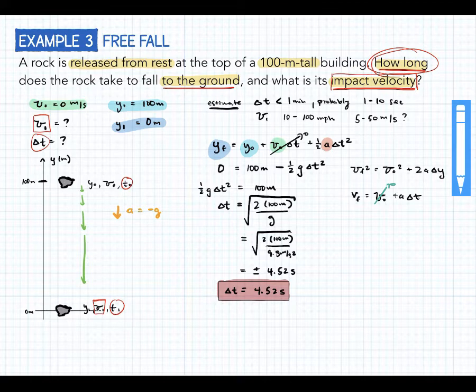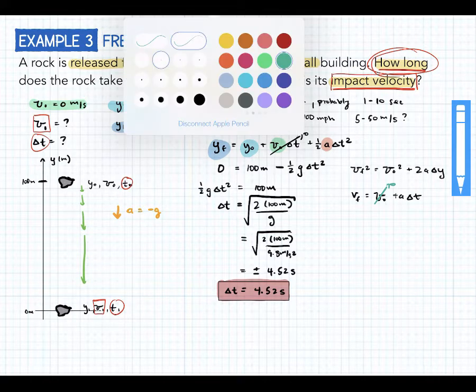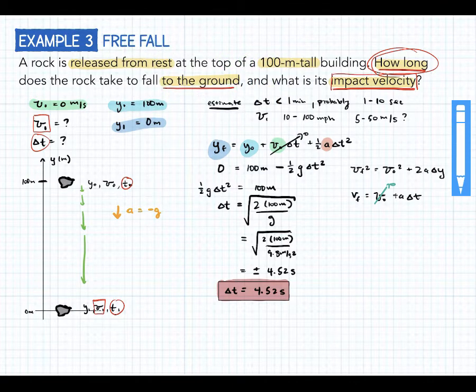So we have V final, and this is actually going to be relatively straightforward. So our V final is equal to, remember, a is negative g, so negative 9.8 meters per second squared, and delta t is 4.52 seconds.